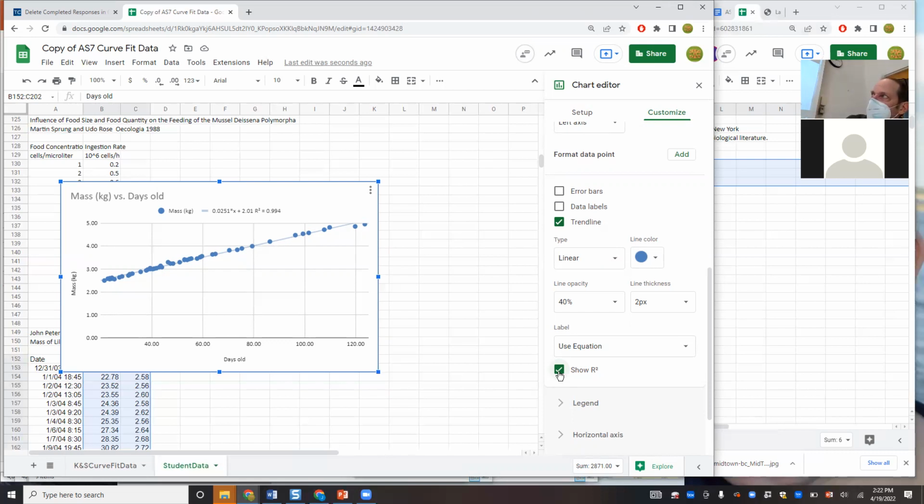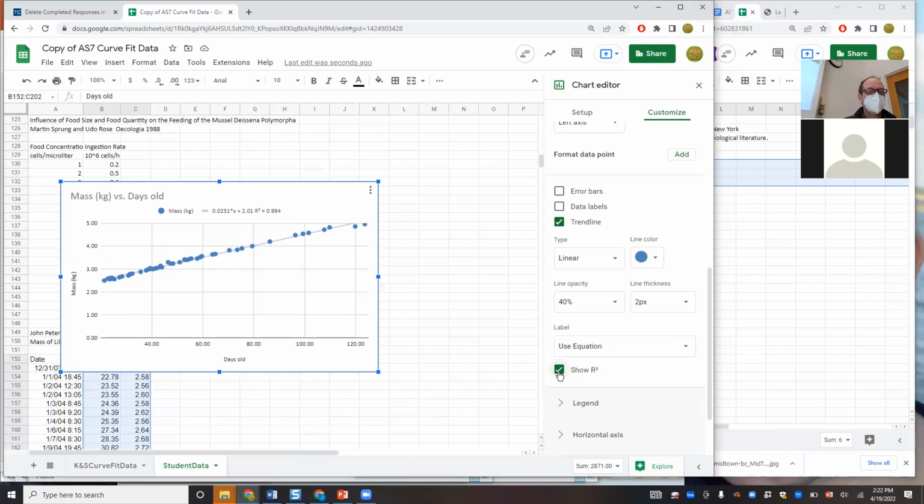So that is the slope of the line. It's 0.00251. And that is the slope. So that's how many kilograms per day she's increasing in weight. So that's kilograms per day multiplied times day, which is the X value, plus a Y-intercept, which is presumably something near her birth value, her weight at birth, 2.01.